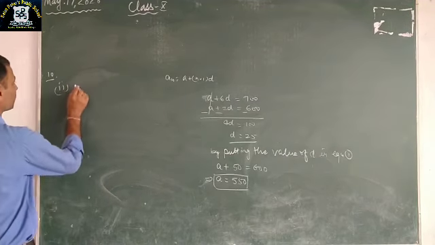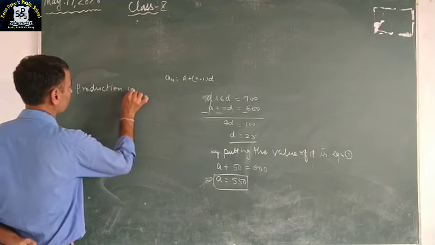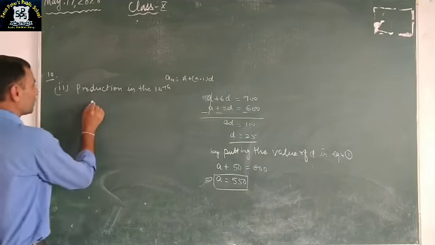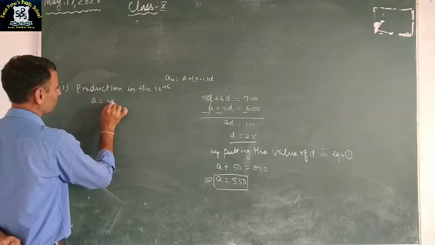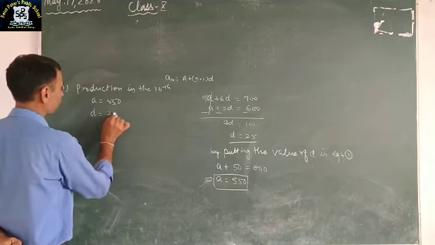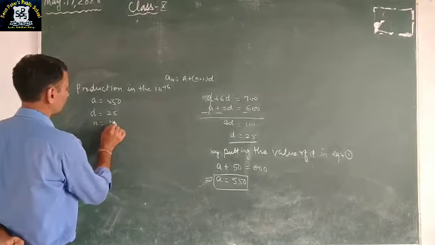Here A is equal to 550, D is the common difference, that's 25, and n is equal to 10.